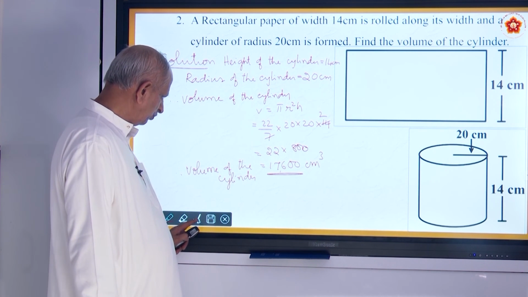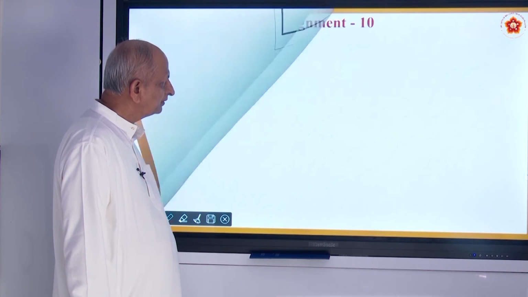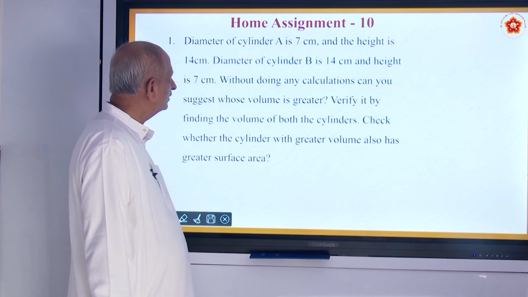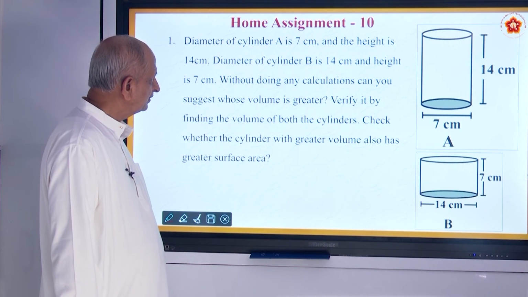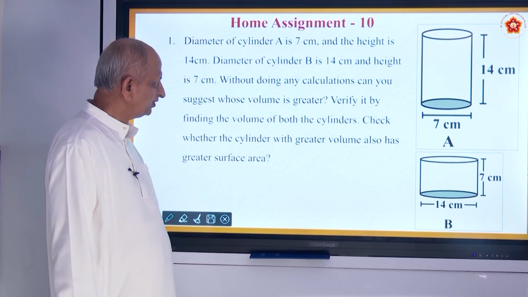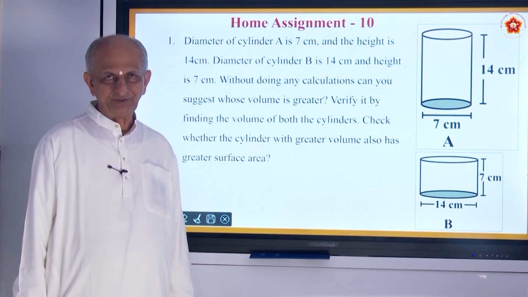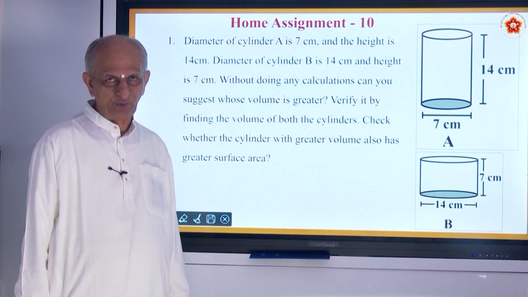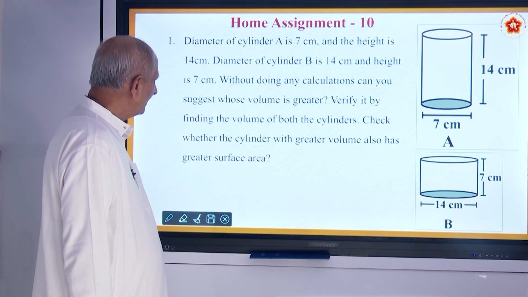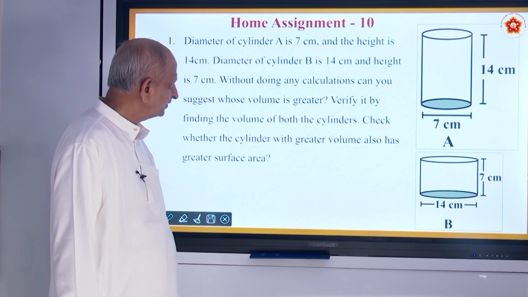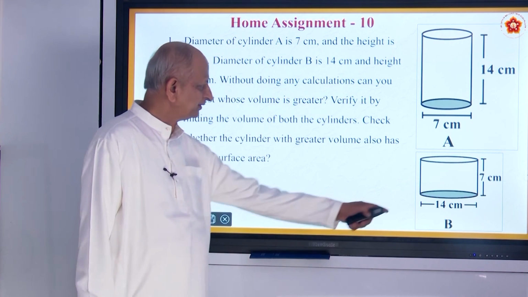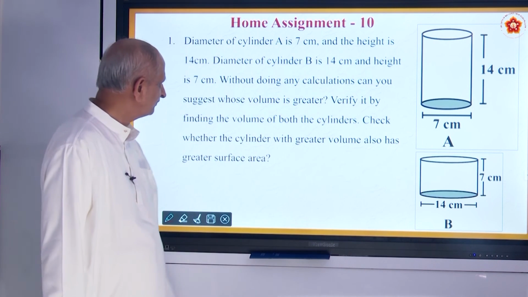Shall we pass on to the home assignment? The diameter of cylinder A is 7 centimeters and height is 14 centimeters. It is a thought-provoking question. Let us see who will do it. And another cylinder B has diameter 14 and height 7.